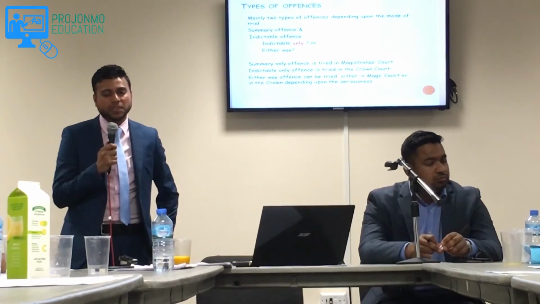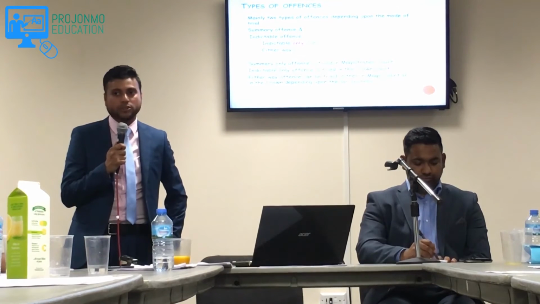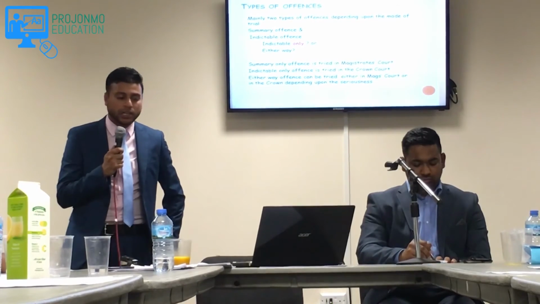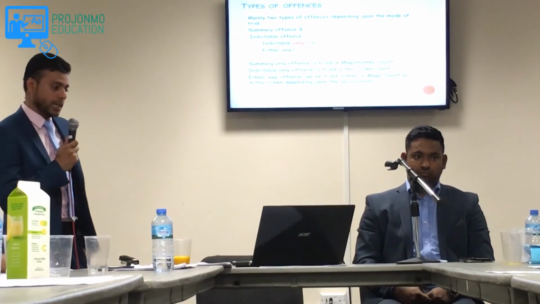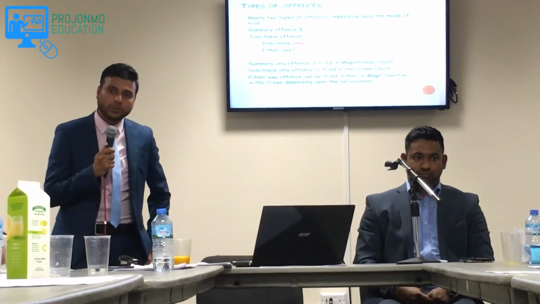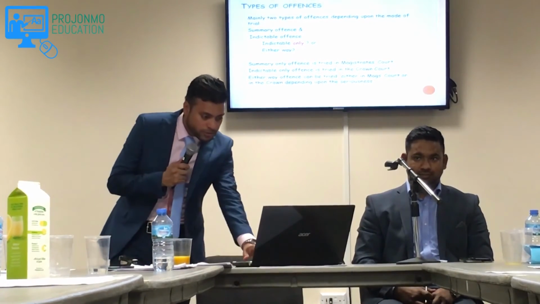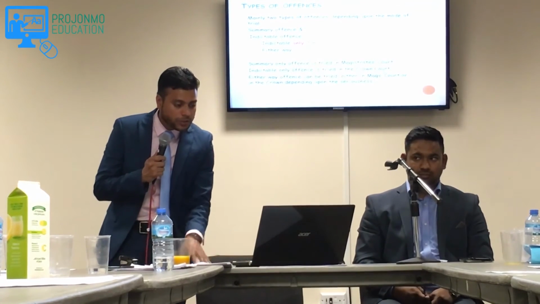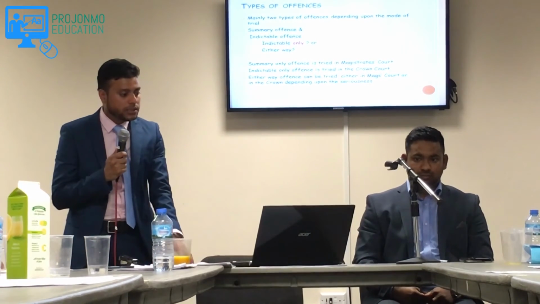So if it is £10, inevitably this is going to be treated as a summary offence, and if it is £10,000, I suppose this will be treated as an indictable offence. So it really depends on the nature and complexity of the facts. Based on that, a case can be tried in the magistrate's court or the Crown Court. So this is covered, either way offences. So broadly, 2 offences: summary offences, indictable offences. Indictable offences carry 2 parts: indictable only and either way.